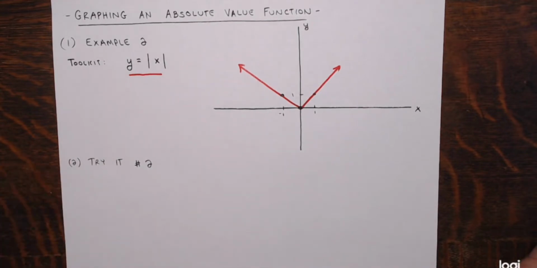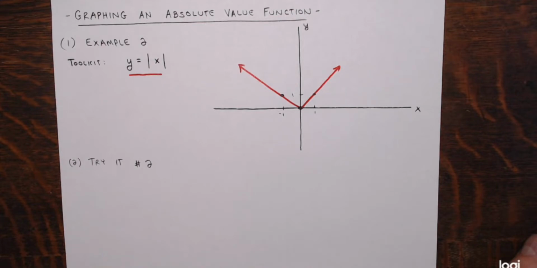Then I'm going to perform some transformations. Again, I pointed this out in a previous video on graphing using transformations, so hopefully you've seen those. I prefer going through the vertical transformations first, then the horizontal transformations.